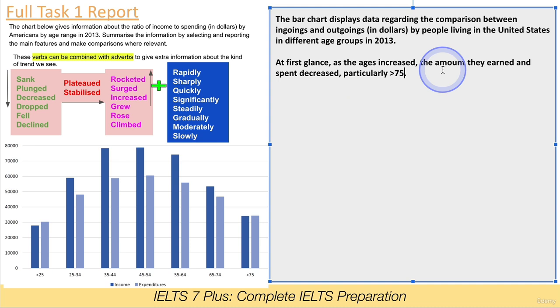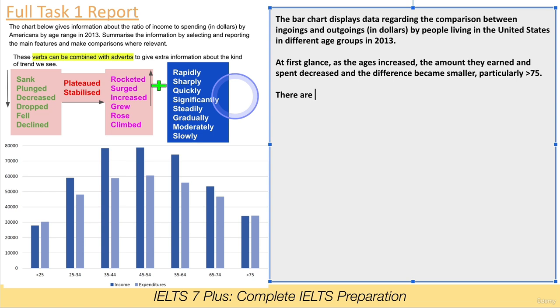Maybe we could say, and the difference became smaller, particularly over 75. So the ratio became smaller there. Okay, I think that's good. So now we can go into our group, which we're going to talk about how they're in a similar range, both income and expenditures.